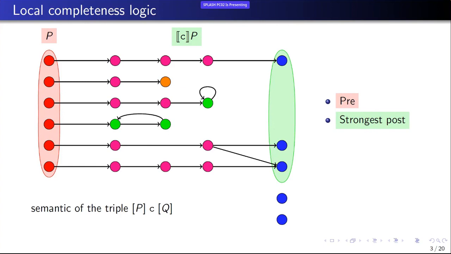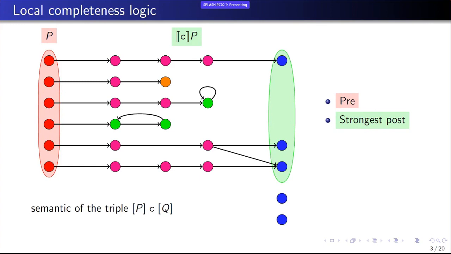The strongest postcondition is defined by collecting all the output states. Of course, the program may loop, like in the green states, or can also be stuck in some orange state, which may be useful to represent, for example, an exception. I will also remark that it is possible to have non-deterministic behavior.